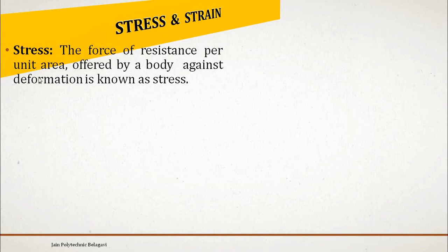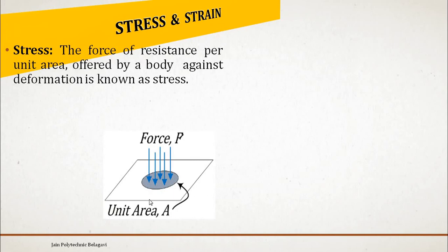The force of resistance per unit area offered by a body against deformation. You can find out here there is one area, and this area is having one small area taken over which a force is applied, and say consider this area is unit area, maybe 1 millimeter square or 1 centimeter square or 1 square inch or 1 square feet or 1 square meter.